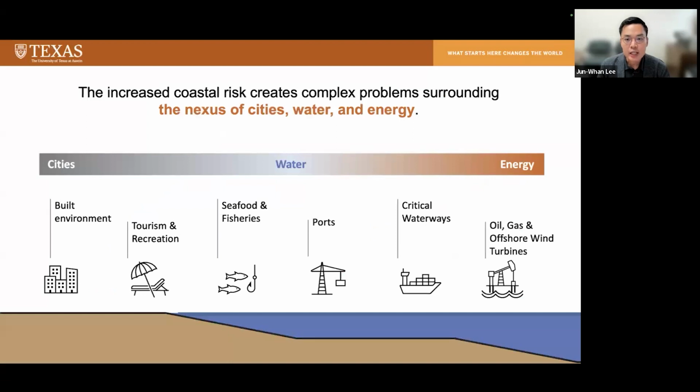And this is a big challenge because the increased coastal risk creates a complex problem surrounding the nexus of cities, water, and energy. As shown in this figure, the increased coastal risk can affect the built environment, tourism and recreation, Gulf seafood and fisheries, ports, critical waterways, and the energy sectors such as oil, gas, and wind turbines.